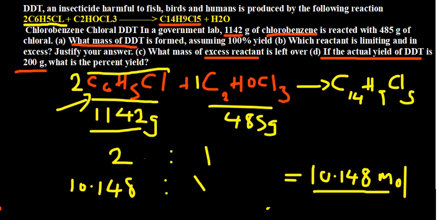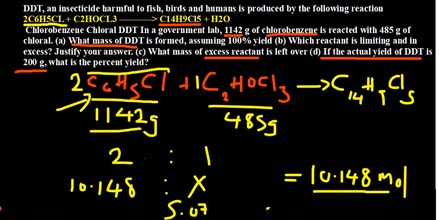So let's try to determine now how many moles of the chloro is needed. If you cross and multiply, you have 10.148 multiplied by 1, then divided by 2. You find that your value of x is going to be 5.074. So what does that tell you?